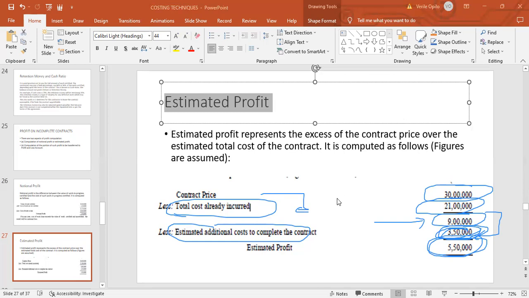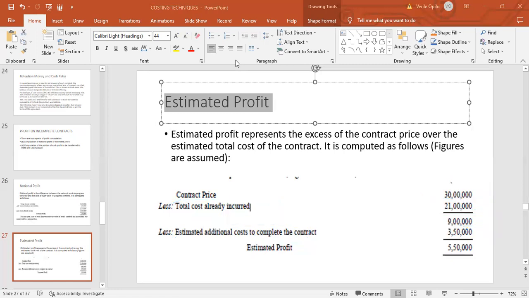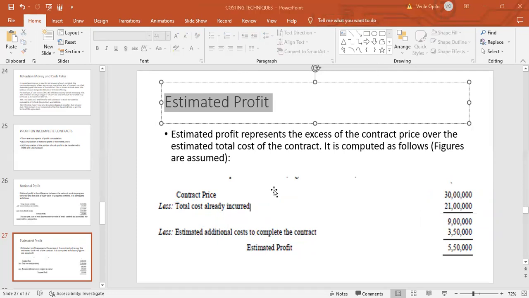So you can also be estimating, even before you complete the entire contract, how much estimated profit we are likely to make during that contract period?